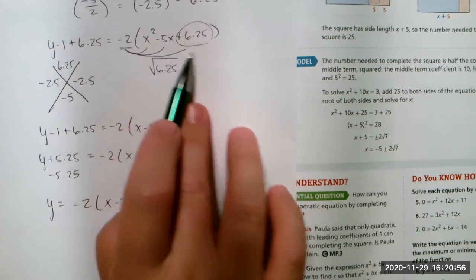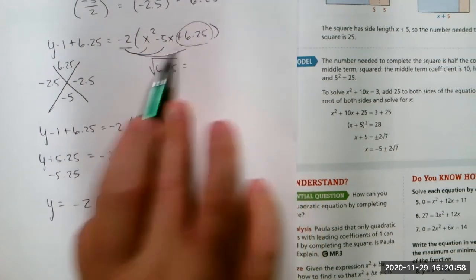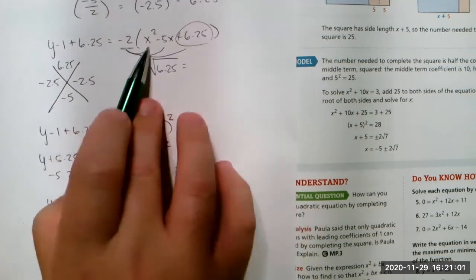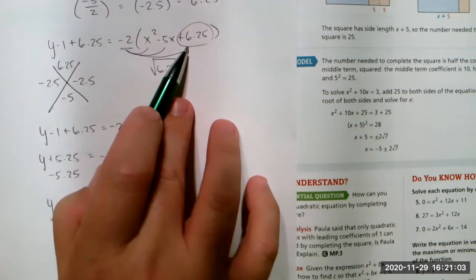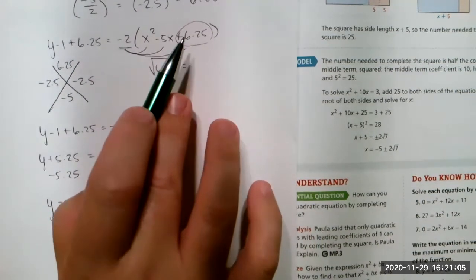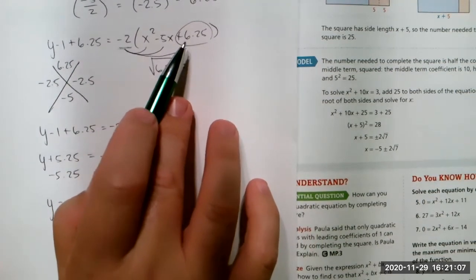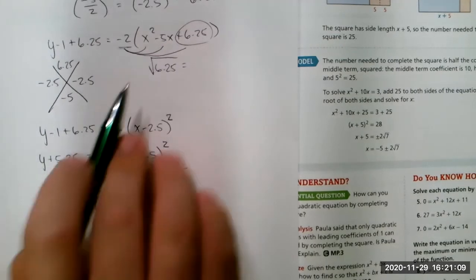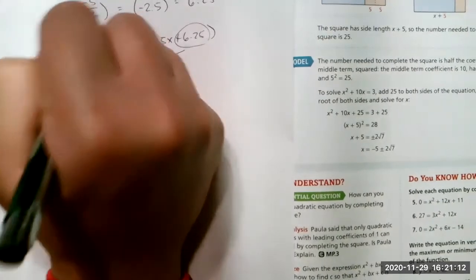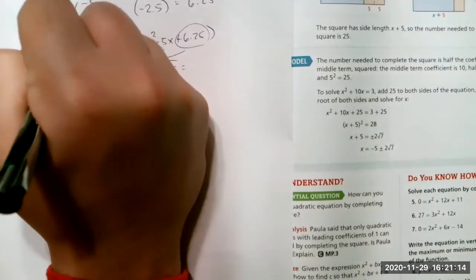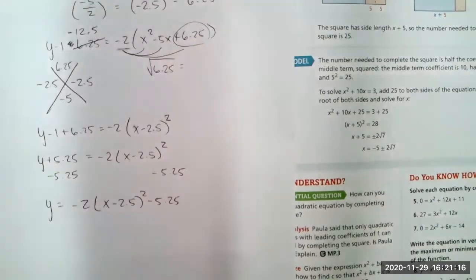So I'm not actually adding 6.25. What I'm actually adding, when I distribute that negative 2 and put it all back to normal, I'm subtracting 12.5. So I'm going to go back here and make my corrections. So that's going to be minus 12.5.